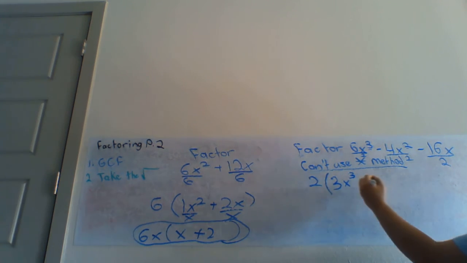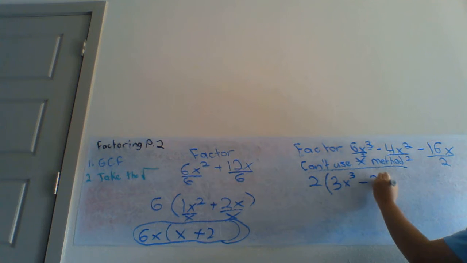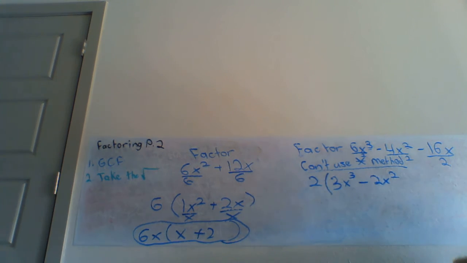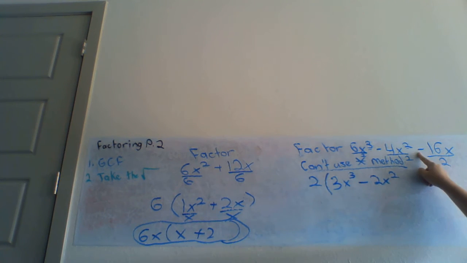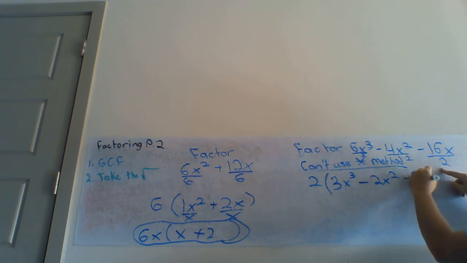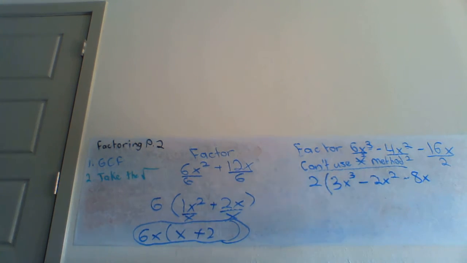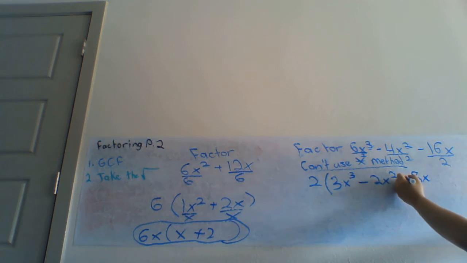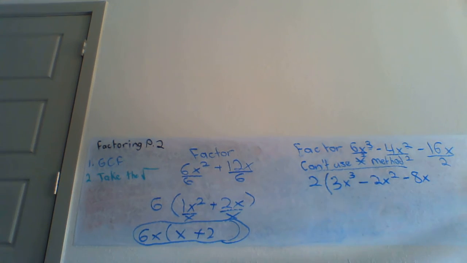Yep, it should be negative 2. Don't forget the x squared there. Then I've got negative 16 divided by 2. That should be negative 8x. Oh, there we go. And then you can close that parentheses. And that's your first step.